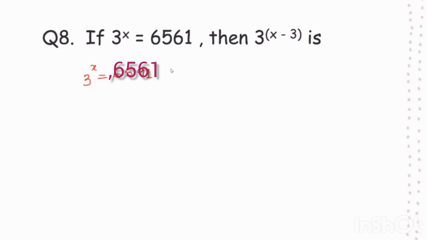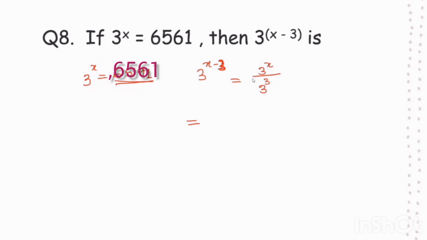When we are dividing, we subtract the exponents, so 3 raised to the power x divided by 3 raised to the power 3, or 3 cube. And 3 raised to the power x is already given.